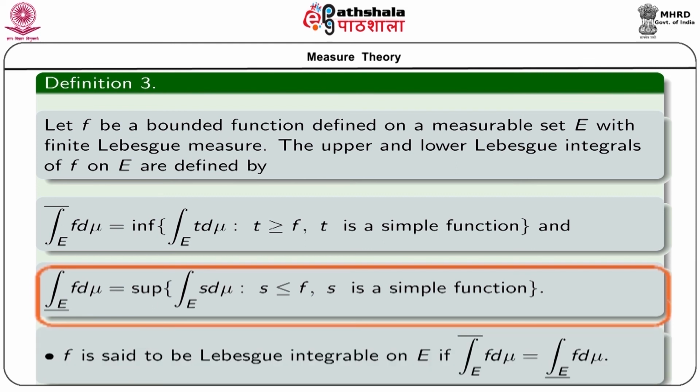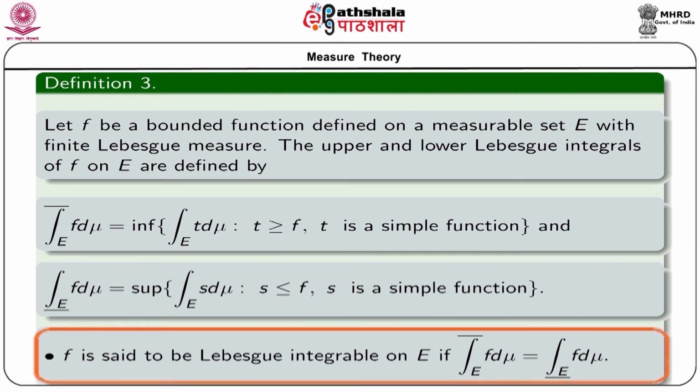And we say that f is Lebesgue integrable on E if the upper Lebesgue integral of f over E is equal to the lower Lebesgue integral of f over E. You can see the similarity between the definition of the Riemann integral and the Lebesgue integral. So, this definition is actually motivated by the definition of the Riemann integral.